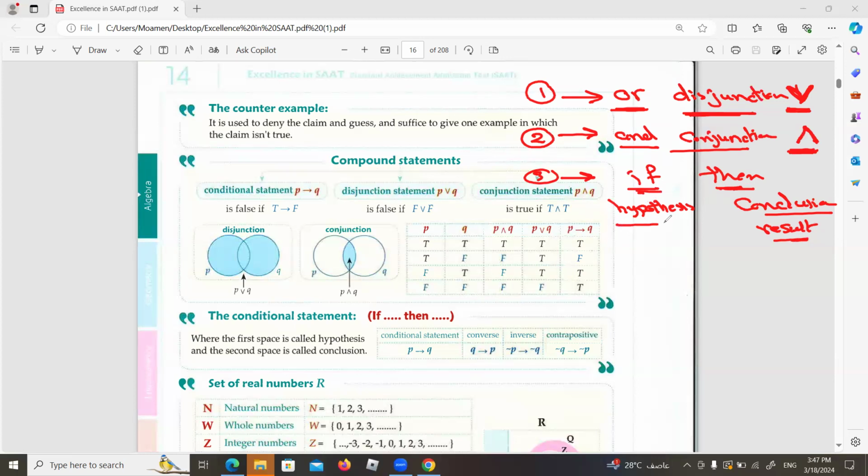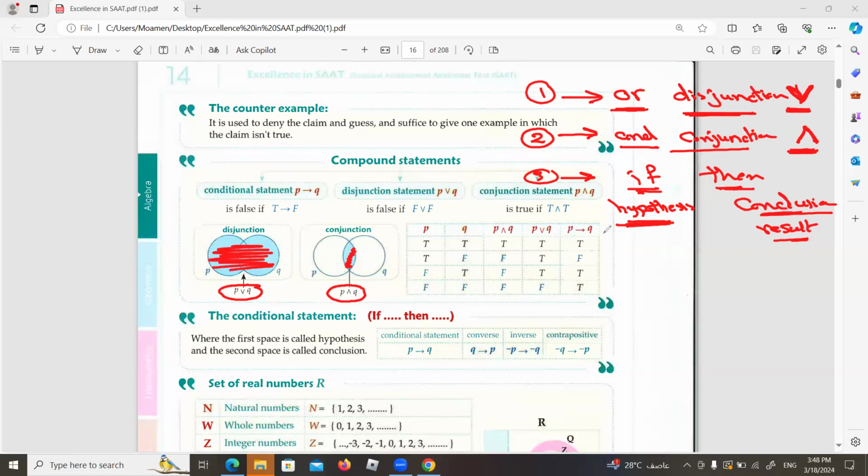After the word if, we have the hypothesis, our claim, and after then we have a conclusion. We have a table that collects these relations. Conjunction means the common part, so this is P intersect Q, P and Q. P or Q means the whole part.